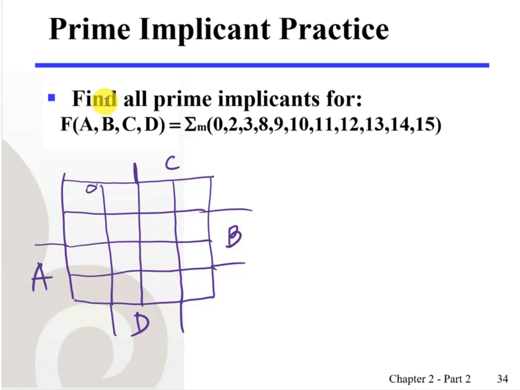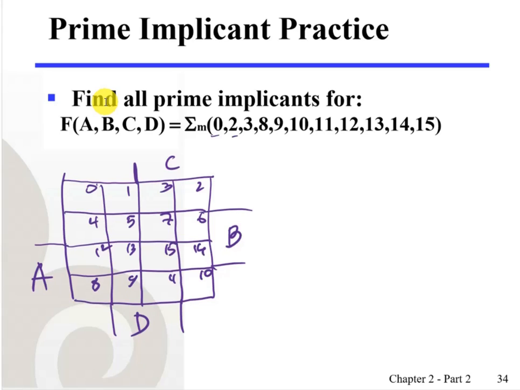The locations are 0, 1, 2, 3, then 4, 5, 6, 7, then 12, 13, 14, 15, I should have started from here, 8, 9, 10, 11.